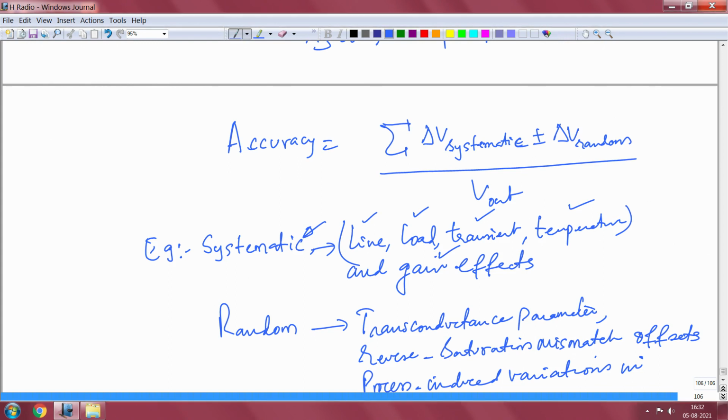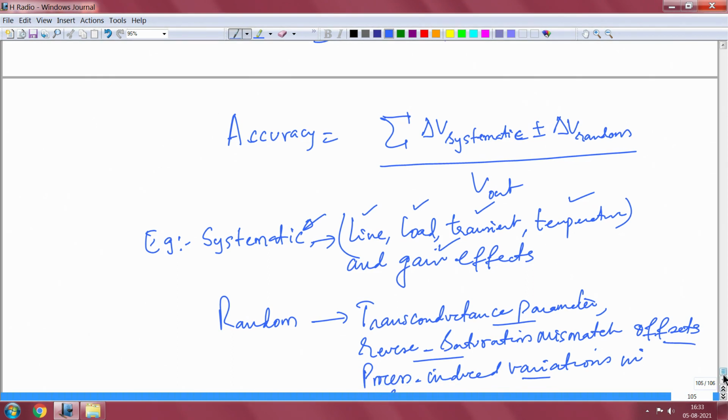We did not even take an example of whatever is random in our 25 millivolt calculation, but here it is: transconductance parameters, reverse saturation mismatches, offsets, process induced variations. All of them come from the manufacturing process, and all of them give you that combined effect on accuracy.